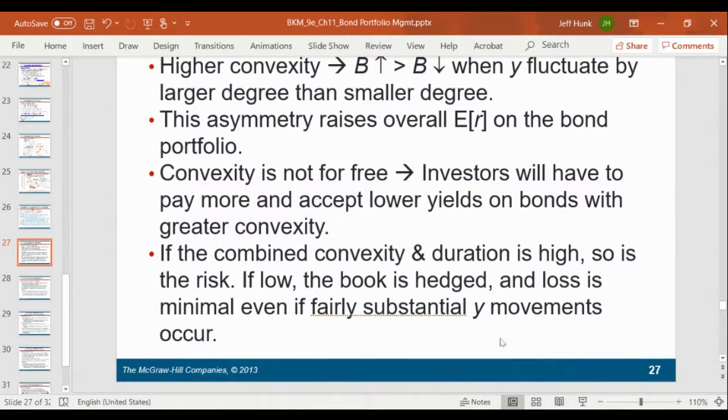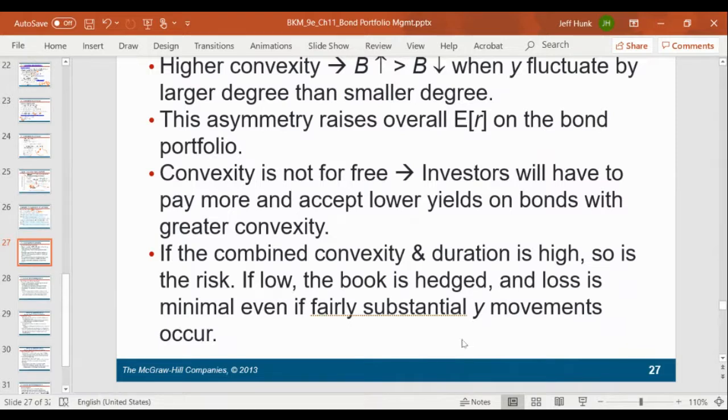They may not perfectly offset, but because they have opposite algebraic signs, when they are sufficiently or partially offsetting each other, the combination will be low, and then it is hedged.